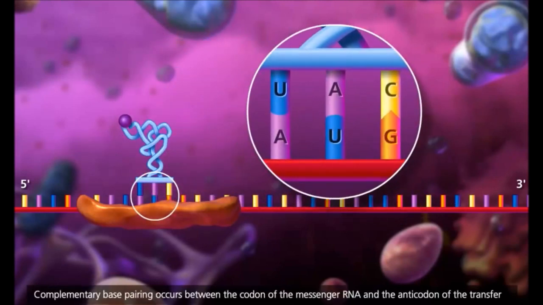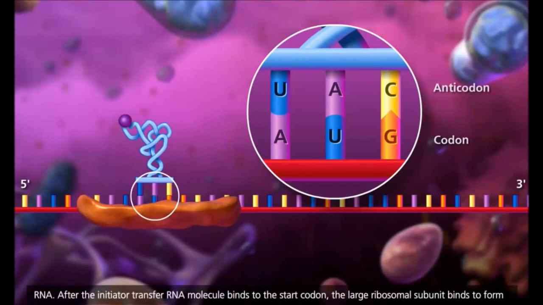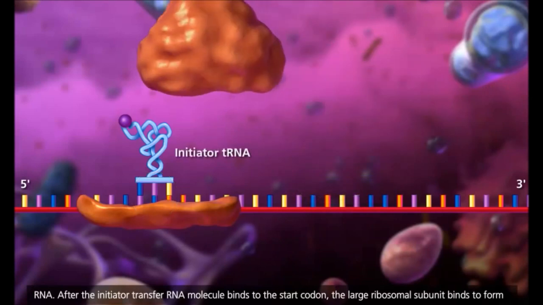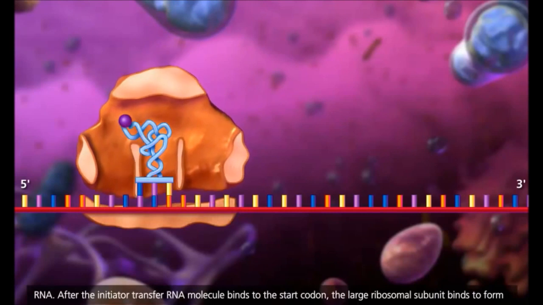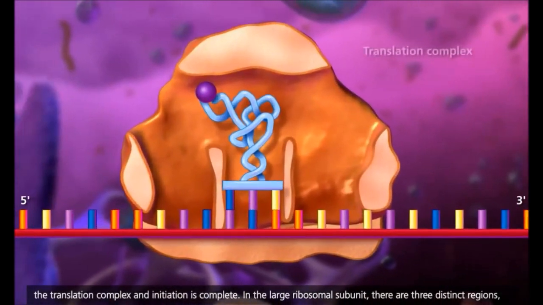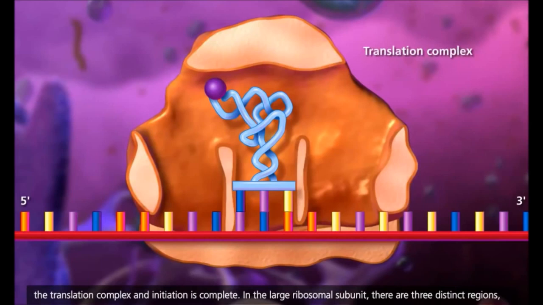Complementary base pairing occurs between the codon of the messenger RNA and the anticodon of the transfer RNA. After the initiator transfer RNA molecule binds to the start codon, the large ribosomal subunit binds to form the translation complex, and initiation is complete.